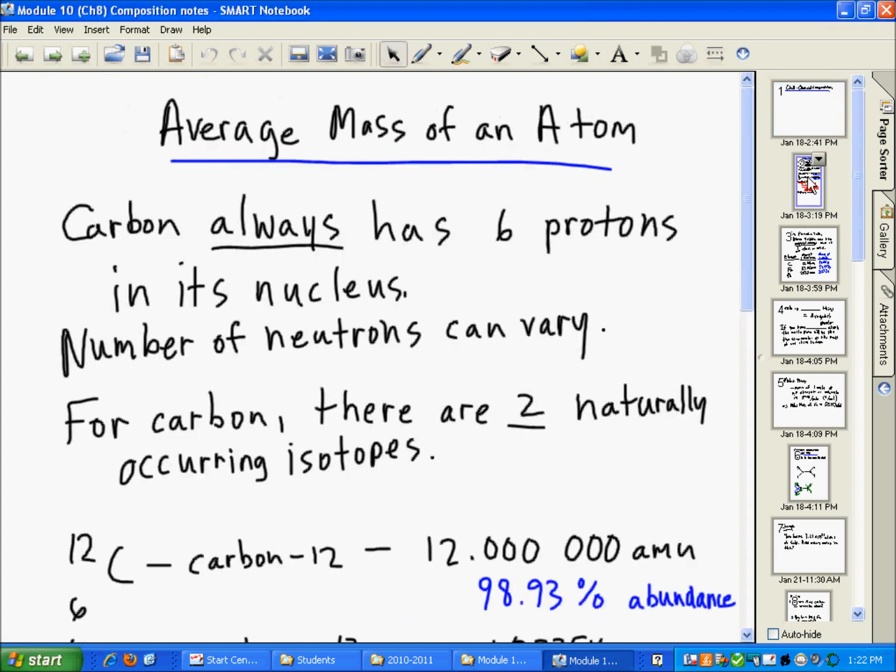So what this chapter is mainly about is counting atoms. And atoms are really small, and there are a whole lot of them, so you can't just count them individually. We don't have microscopes small enough to do them. You need really sophisticated equipment to actually see an atom before you could count it.